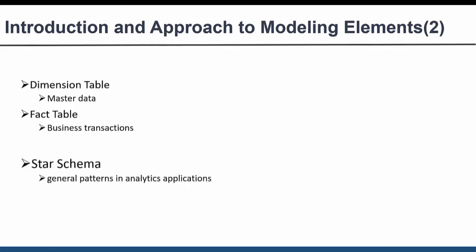Star schemas are general patterns in analytics applications, and they are the simplest form of dimensional model, in which data is organized into facts and dimensions. A fact is an event that is counted or measured, such as a sale or a login. A dimension contains reference information about these facts.